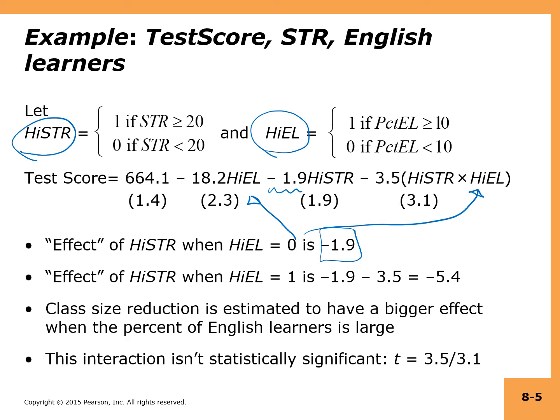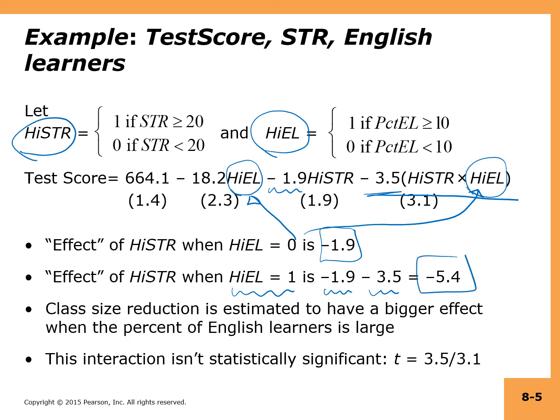Say now you want to know what is the effect of high student to teacher ratio when high English learner is equal to 1. So now you plug in 1 instead of 0 in the appropriate places. And what you have left is that the effect of having high student to teacher ratio is negative 1.9 minus 3.5, because this term becomes negative 3.5 times 1 times 1.